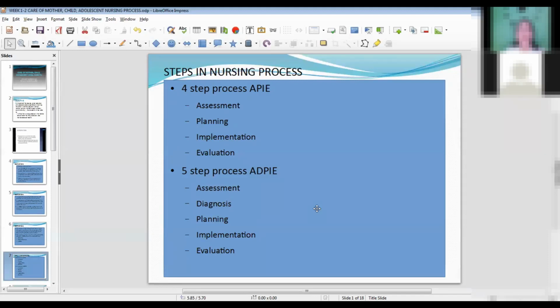That is the medical diagnosis. Pero in our nursing diagnosis, we will not be using pneumonia. Kasi it will not give us yung uniqueness doon sa medical diagnosis. Sa atin, what we are going to use in the nursing diagnosis is possible ineffective breathing or ineffective airway clearance. So yun ngayon yung ating nursing diagnosis.